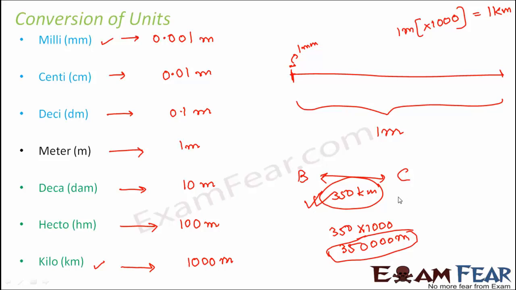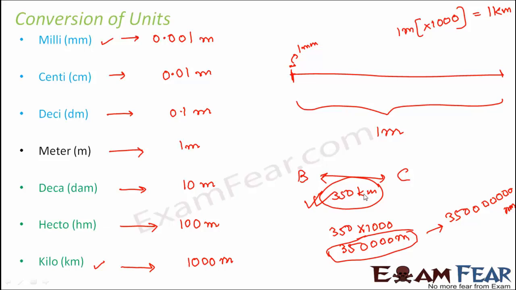If you want, you can also write this in terms of millimeters. How would you write it? It would be 350,000,000. That's how the number would increase. The number of zeros would increase, which makes it all the more inconvenient.